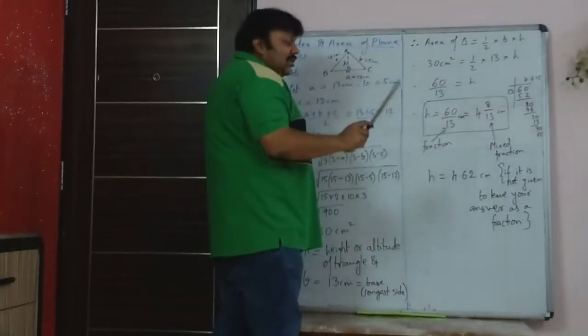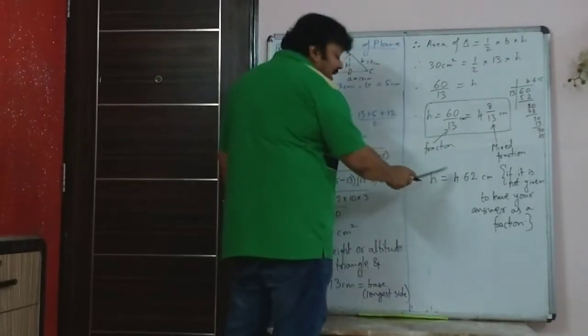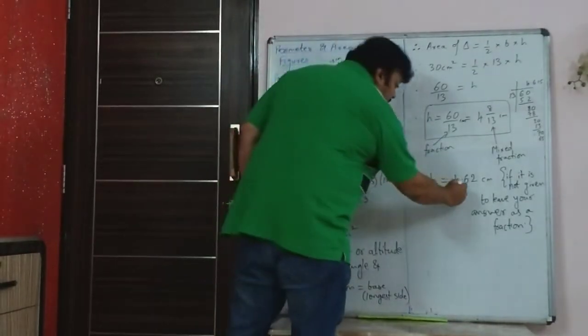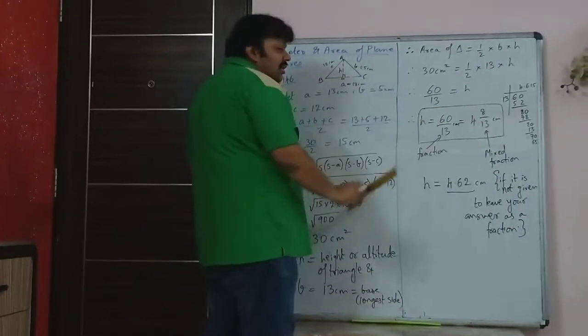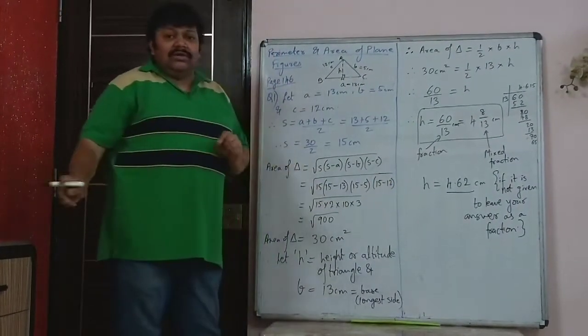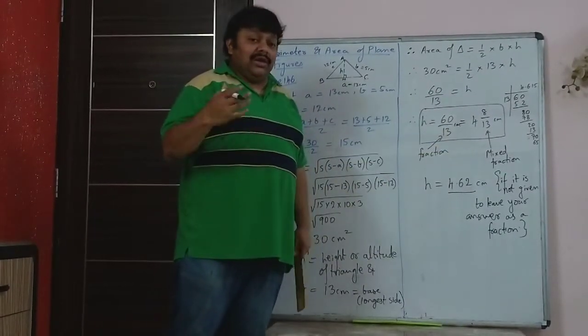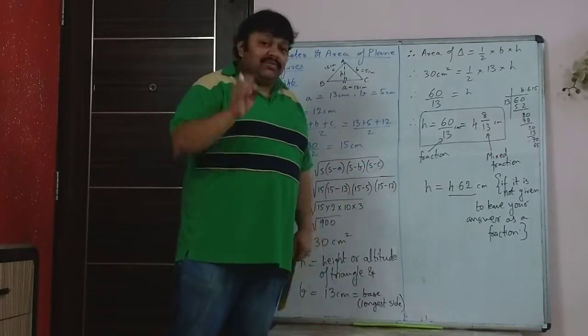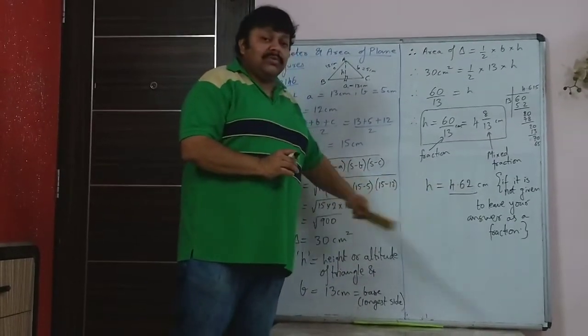But let's say that the question did not ask you to find it in fraction, then you have to find the answer in decimals. If the question is telling fraction, you can leave it as 60 by 13 centimeter, which is the case in sum number 1 of classwork. But had it not been mentioned to leave it in fraction, then as per board rule, you have to find the answer correct up to 2 decimal places.